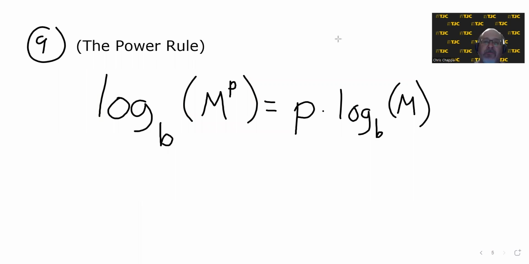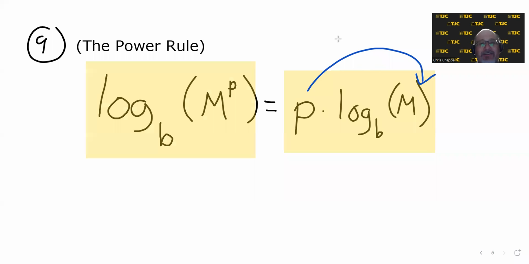Or in reverse, if you have a log with a coefficient in front, a number in front of the log, then you can move that coefficient up into the logarithm as a power on the logarithm's argument. I call these last 3 rules bidirectional because from one direction they do one thing, but in reverse they do the other.